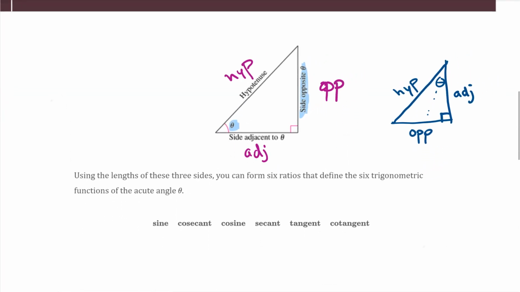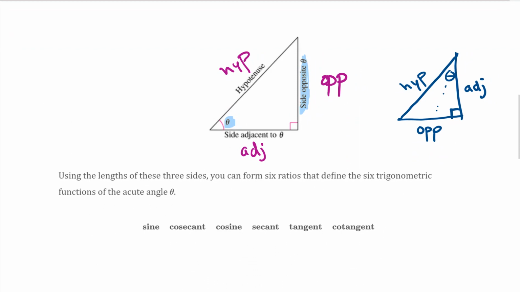So using these three sides, what we find out is we can form these 6 different ratios. It used to be 8 back in the day, because Greece came up with this many centuries ago. You form these 6 different ratios that define 6 trigonometric functions of the acute angle, a small angle. Just for now, we're just talking about less than 90.